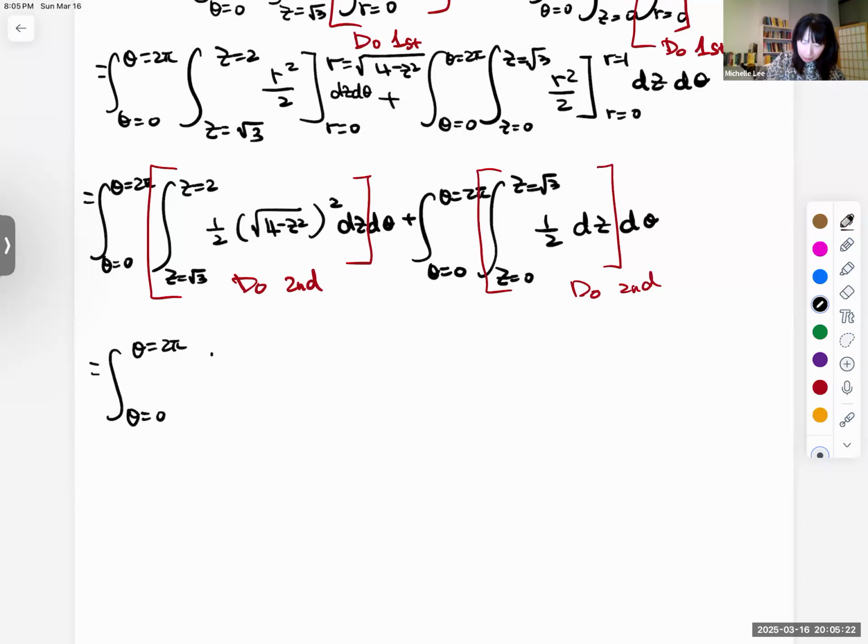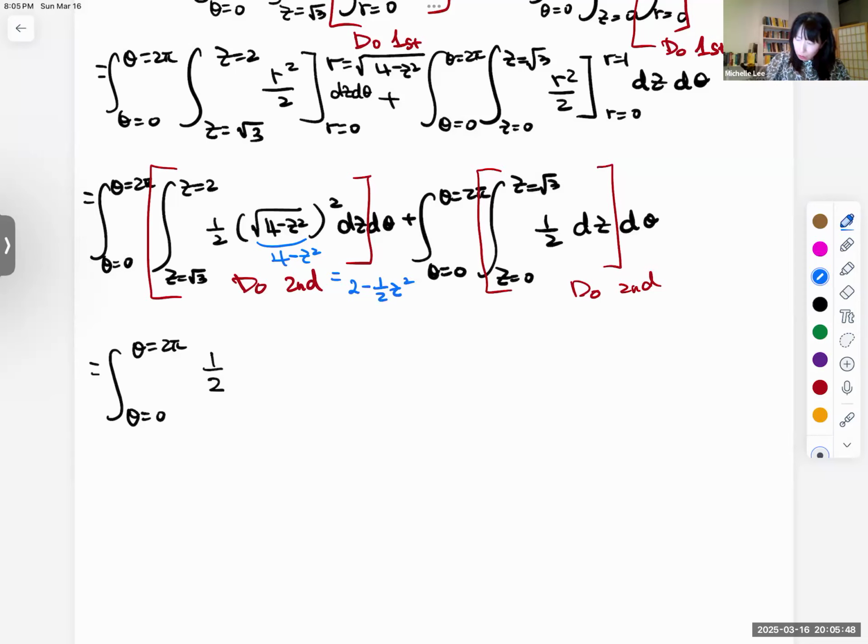So we will have 1/2 times, okay, this is 4 minus z squared, right? Then there will be 2 minus 1/2 z squared.